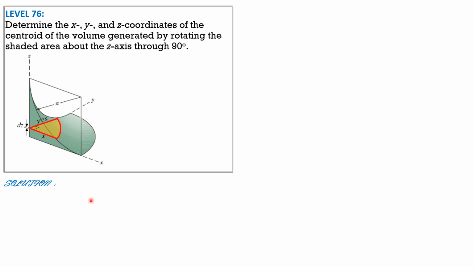So therefore the differential volume is pi over 4 radius squared, pi over 4 x squared, times thickness dz. That's the location of the centroid because this is a quarter circular area. Then the value of xc, which is equal to yc, is equal to 4 times x over 3 pi, 4r over 3 pi in general, while zc is just z.